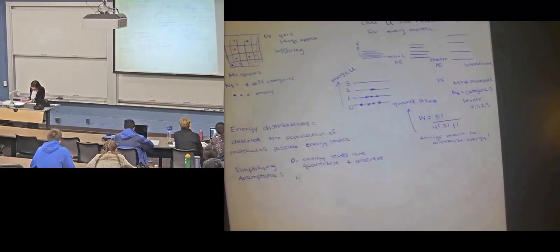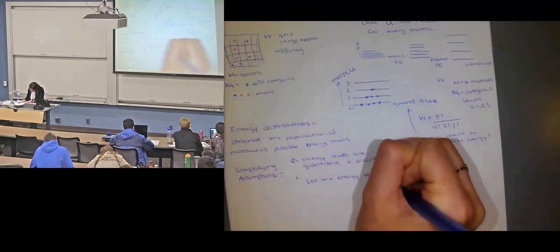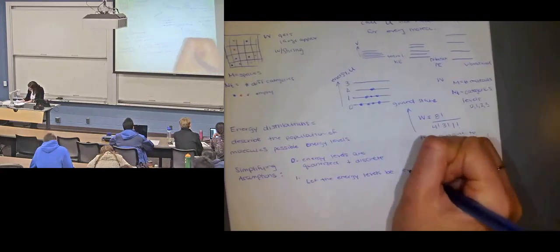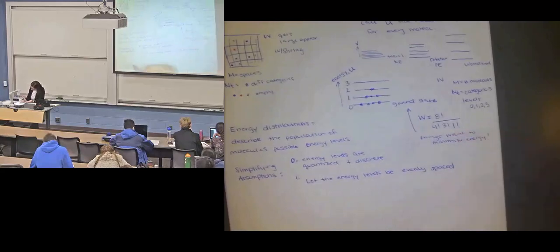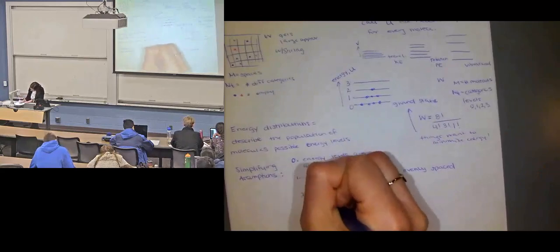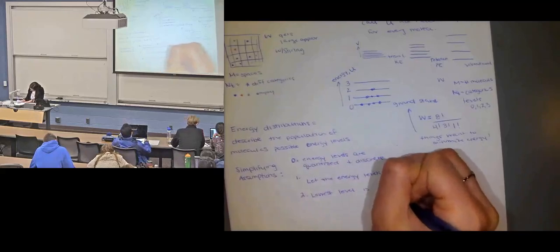Okay, so let the energy levels be evenly spaced. Number 2, the lowest level, or ground state, is always 0.